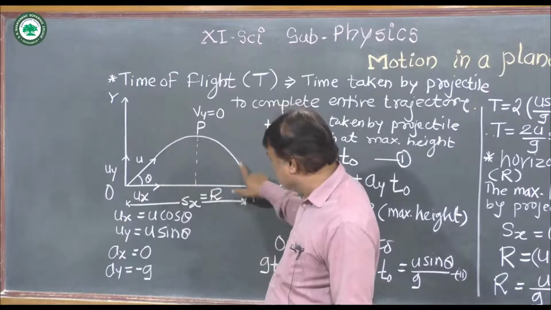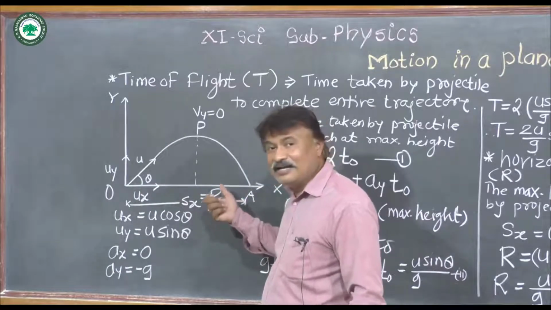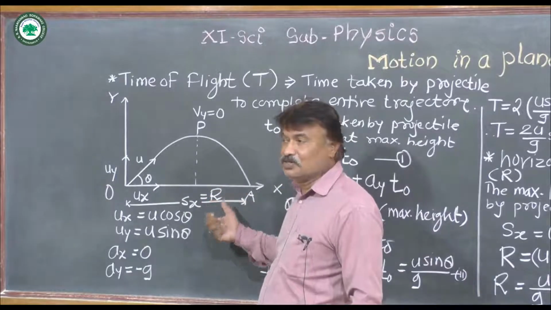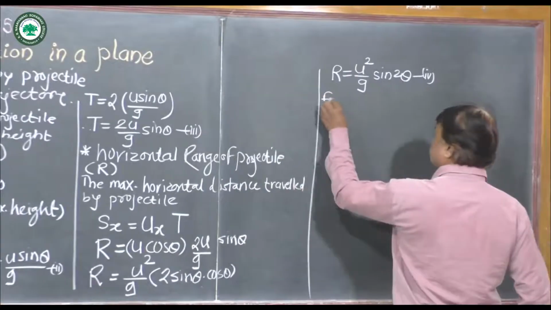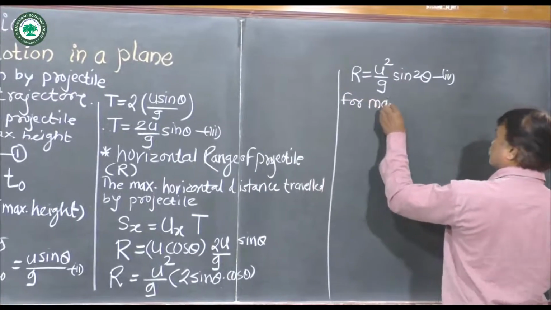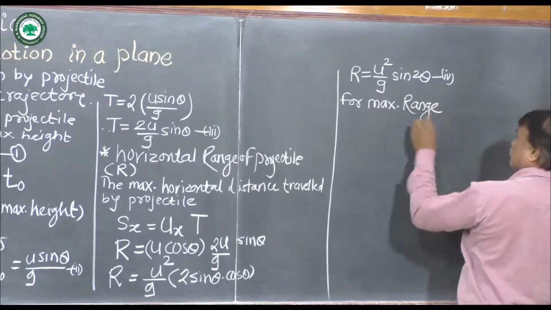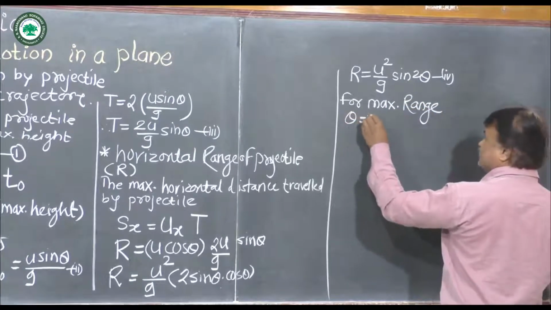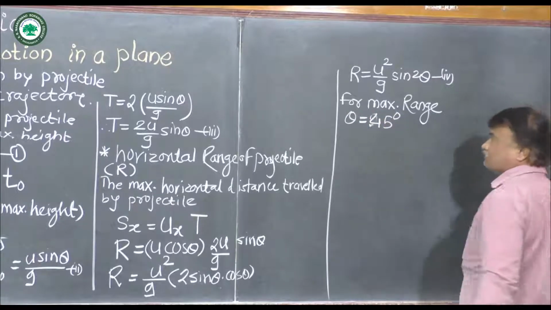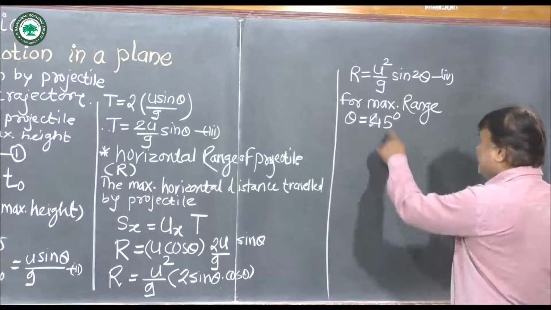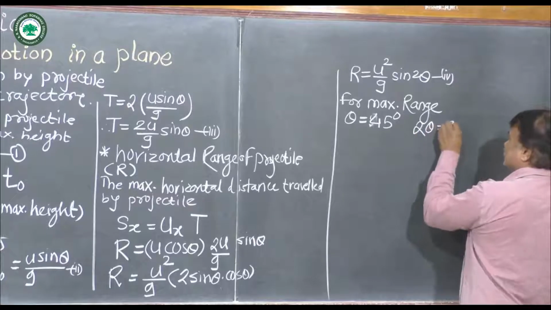then this horizontal distance R, range, is maximum. So we write here, for maximum range this theta is always equal to 45 degree. As theta is 45 degree, then 2 theta is equal to 90 degree.